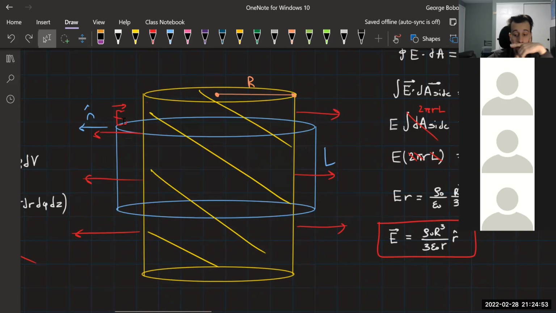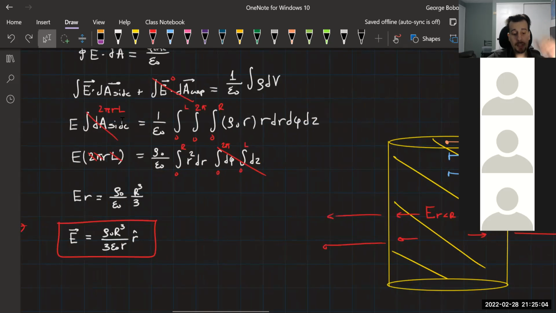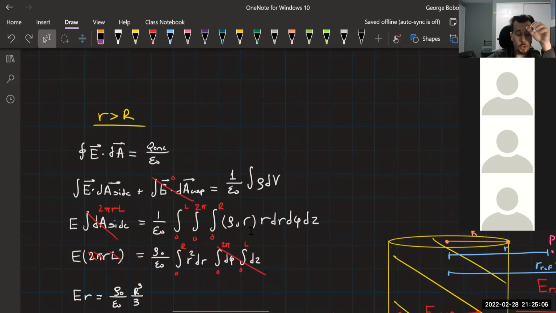And that's it. You just solve. Try to avoid integration if you can. The only time you will have to integrate, I swear, that's tip number 6, is when the charge density is not uniform. If it's uniform, you don't have to integrate. The left-hand side, you never have to integrate.